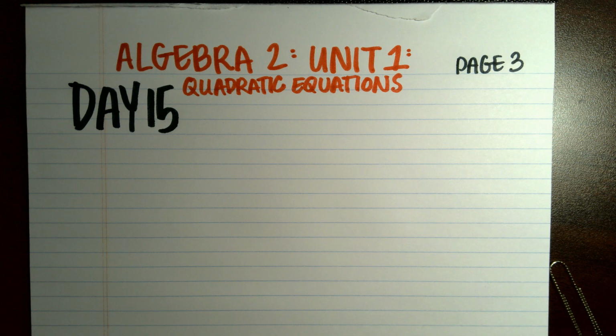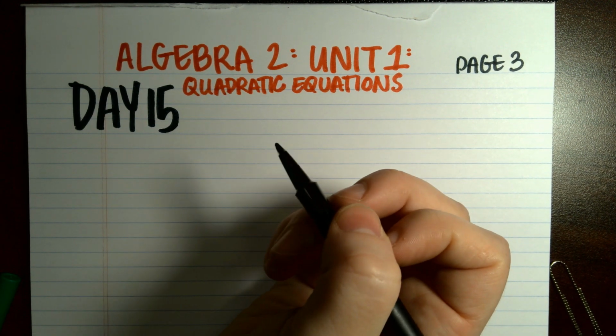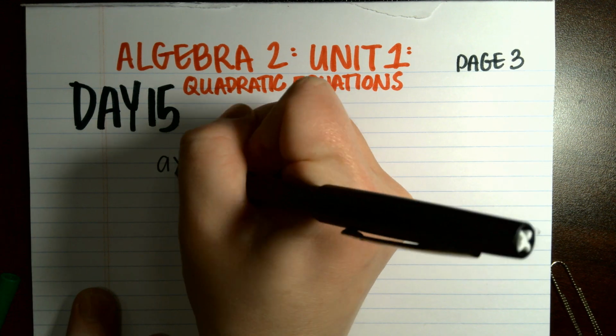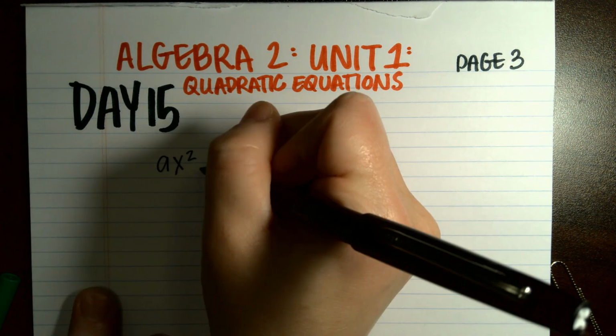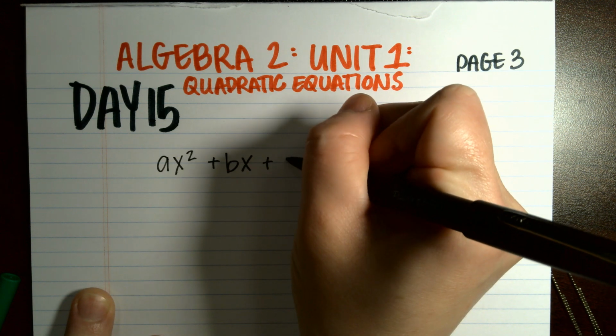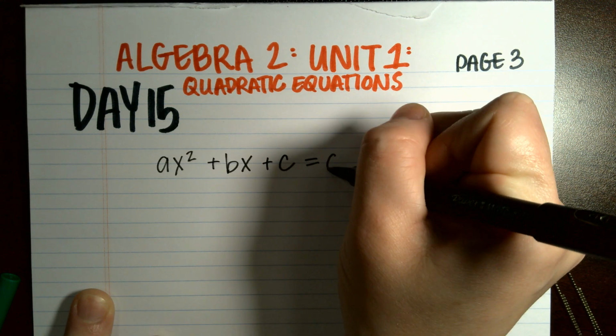So I would like for all of you to just write the standard form, is what we call it, of a quadratic equation. And what that is: ax squared plus bx plus c equals 0.